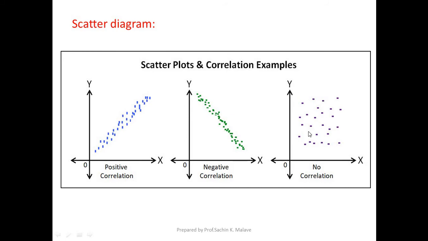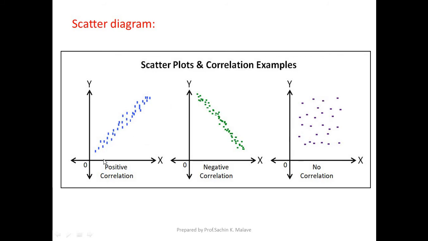Third, as you can see, the dots are scattered all around the place. That's why we can say there is no correlation at all. Sometimes it may happen that there is no relation between two parameters. That is called no correlation.